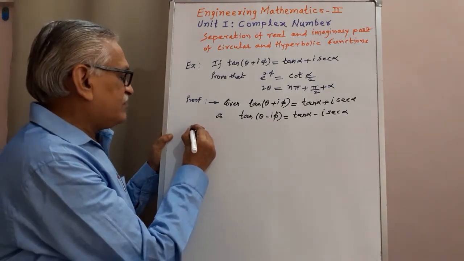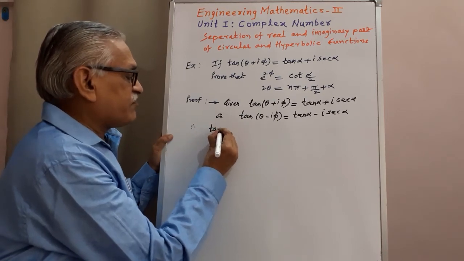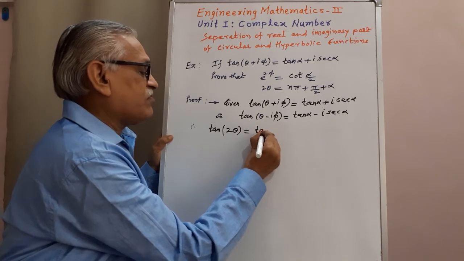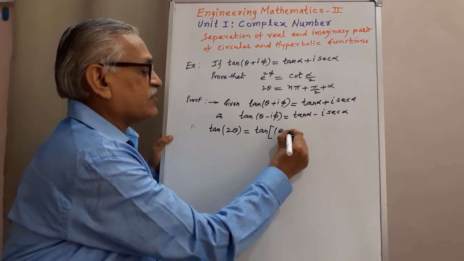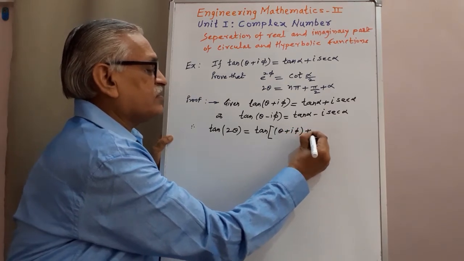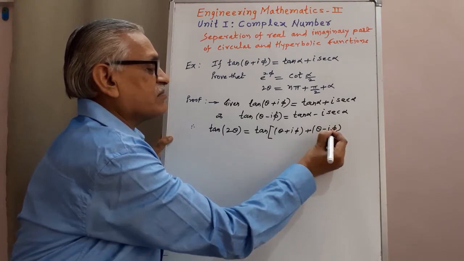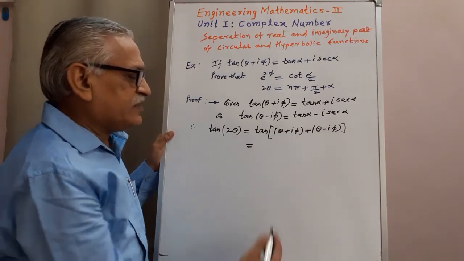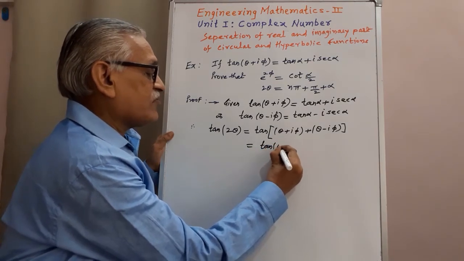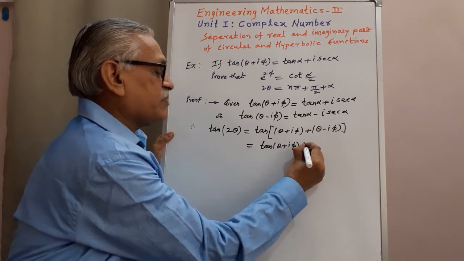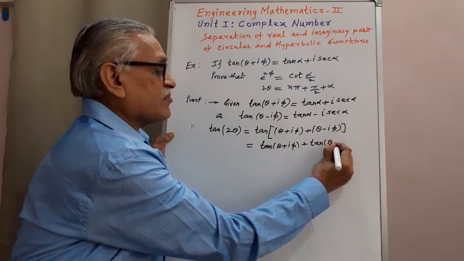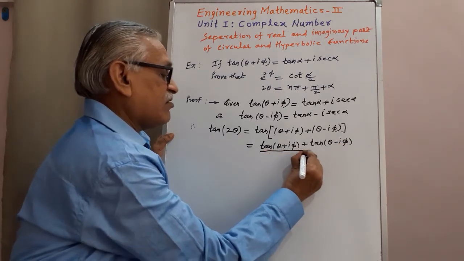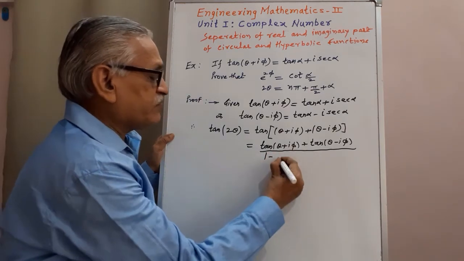Adding these two, we get tan 2 theta is equal to tan of (theta plus i phi) plus (theta minus i phi), and that is equal to tan of A plus B, which is tan A plus tan B divided by 1 minus tan A tan B.